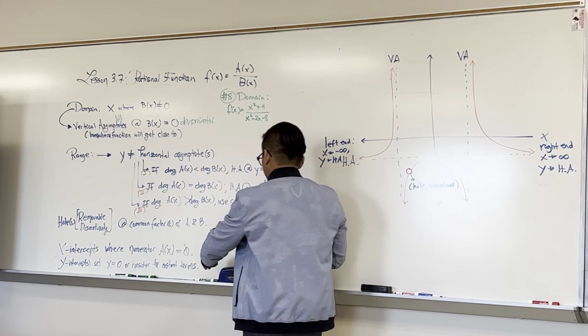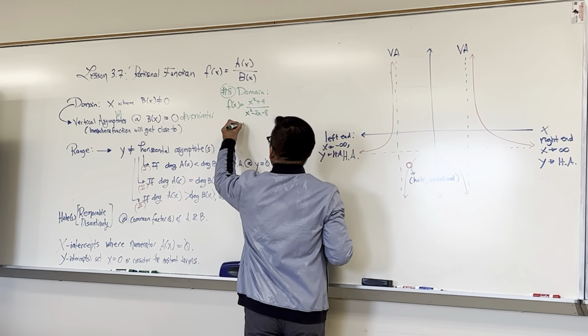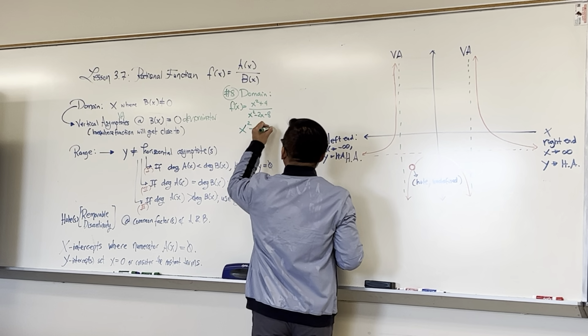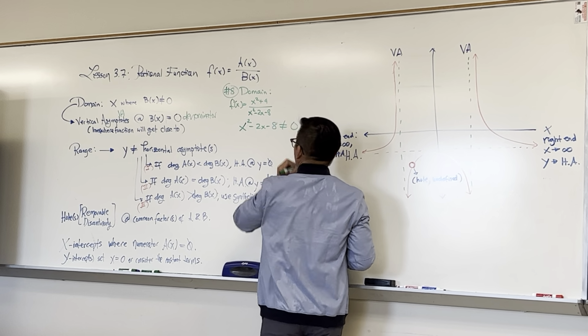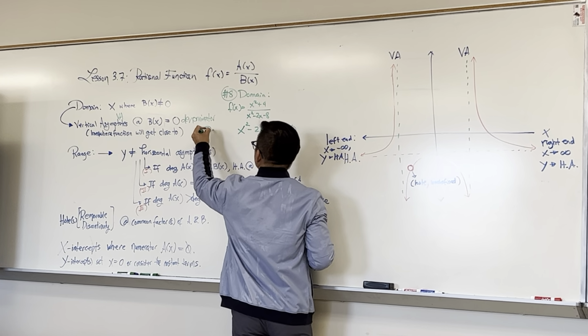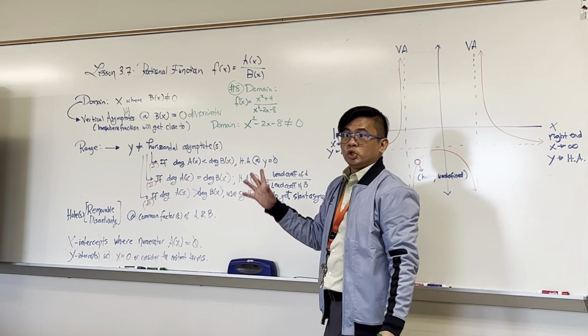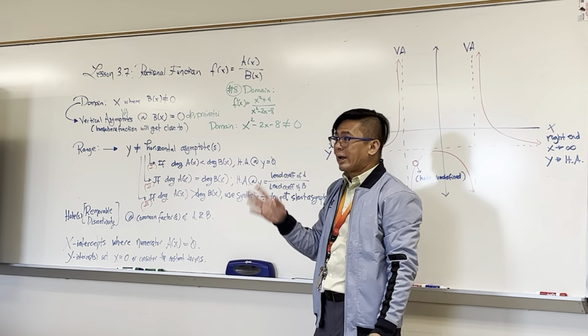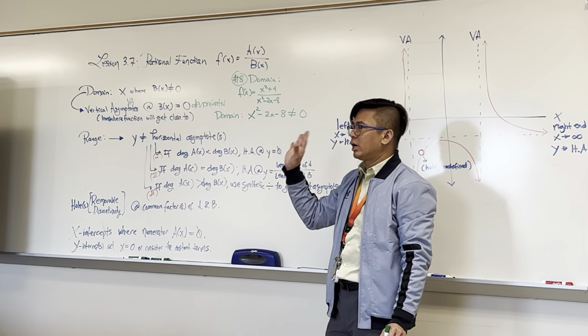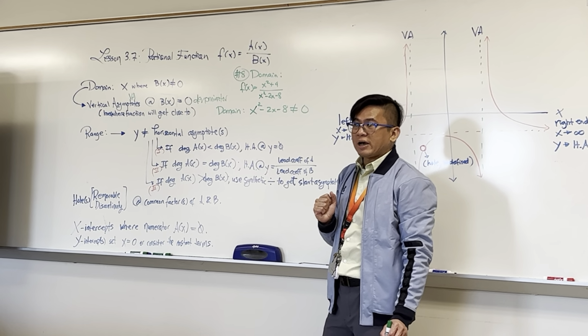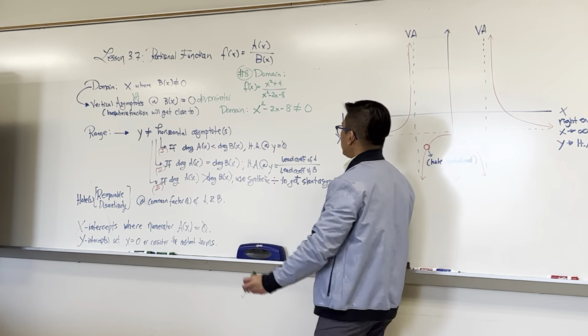Set it equal to 0. X squared minus 2x minus 8 cannot be equal to 0, right? That's your domain. You can do quadratic factoring, you can do graphing, you can do the quadratic formula, any quadratic factoring techniques, right? Okay, what do you get from here?